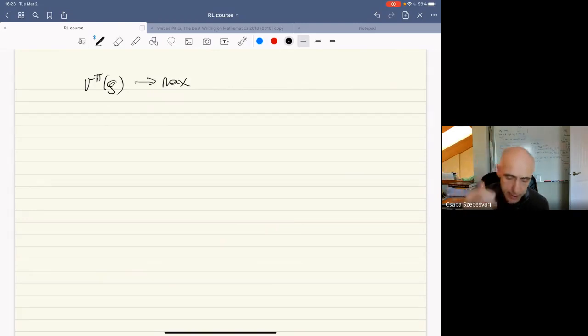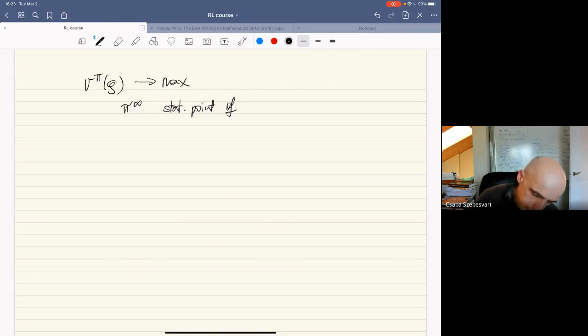And then the result shows that if you take any stationary point of J, this metric that you want to maximize, then the same thing holds, but now with an upper bound.